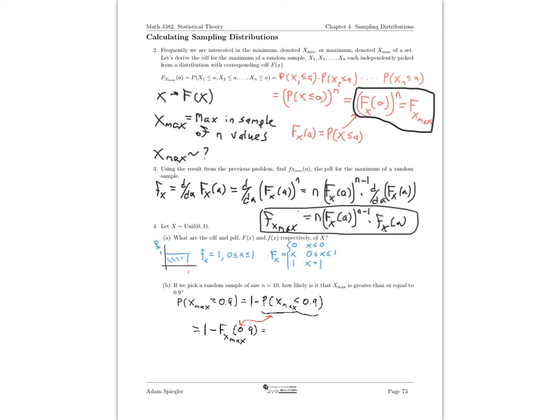So now we would get 1 minus, and here F max, what we saw in question 2, would just be F sub x at 0.9 raised to the nth power, which in this case is 10. This is what we proved in question number 2 above.